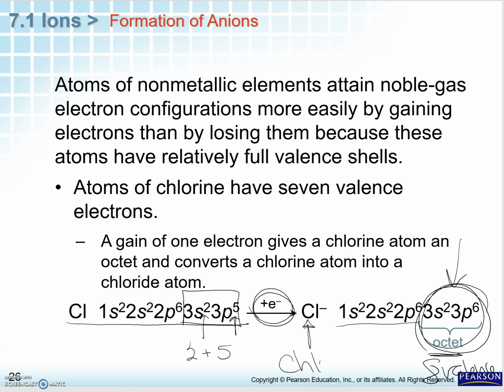And that's chloride ion. Okay, so that gaining of that single electron is going to change the charge of your atom to become an anion. And you're also going to get this full octet. You have 2 here, plus our 6 gives you our total of 8.